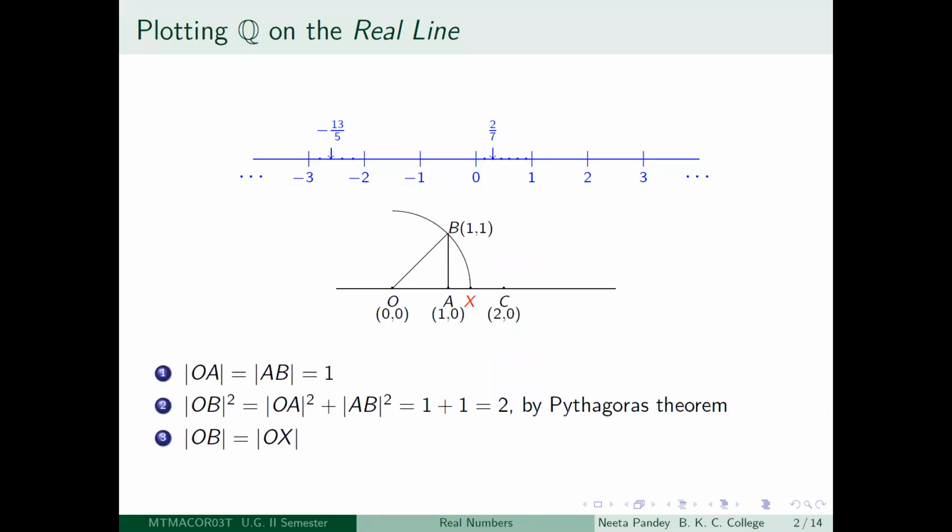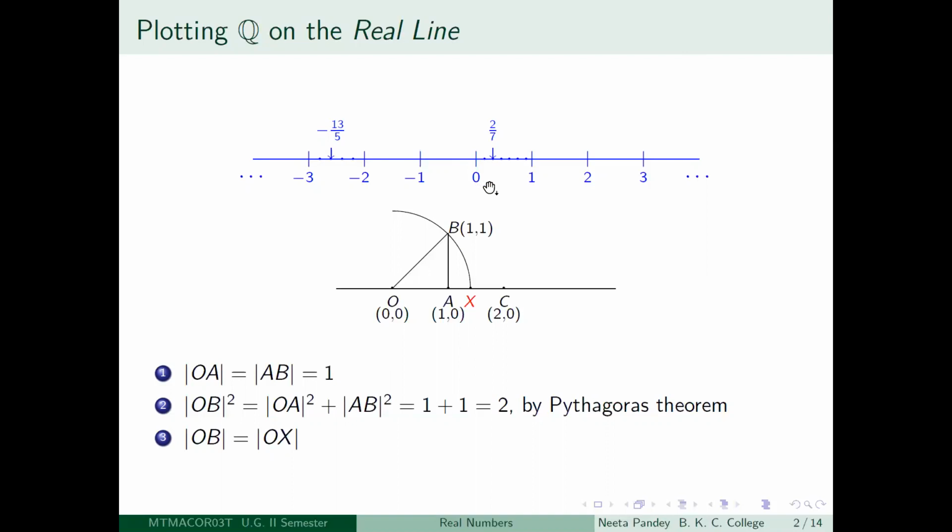So let us look at how to plot the rational numbers on a real line first. So draw a line on the plane and choose an arbitrary point on the line. Call that point to correspond to the number 0. So you have chosen an arbitrary point on the line, call it 0.